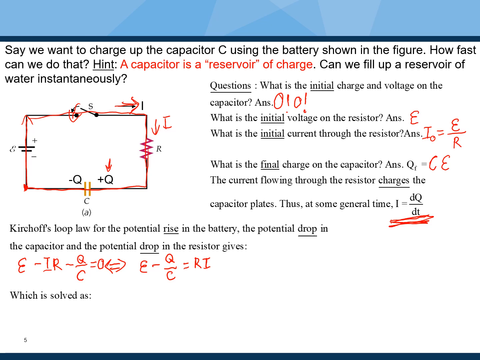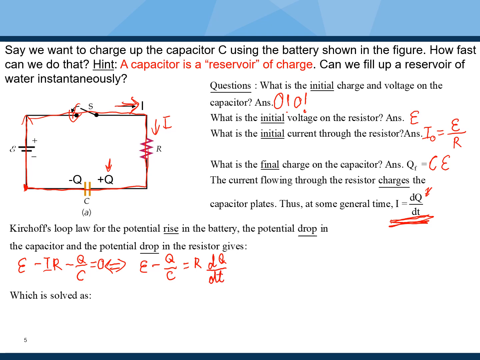So the current is equal to the time rate of buildup of charge on the capacitor. So I'll go ahead and erase the I out here, and in its place I will write dq by dt.